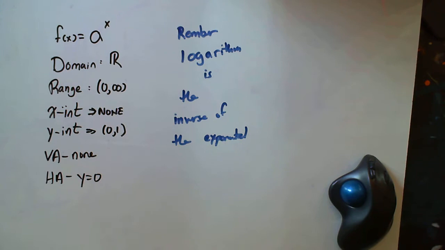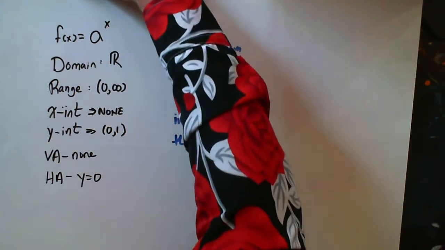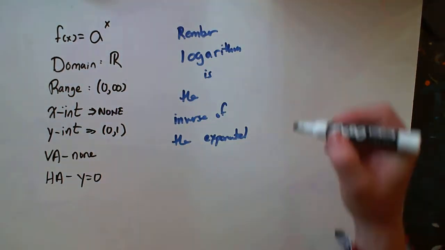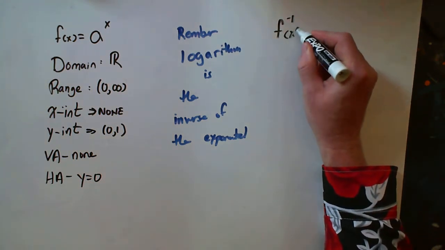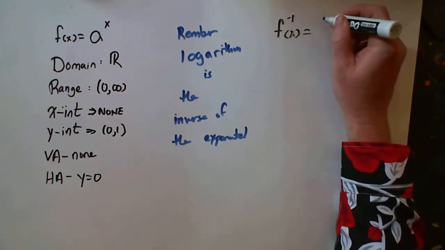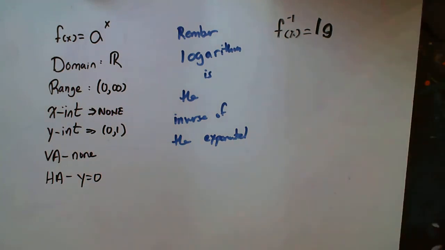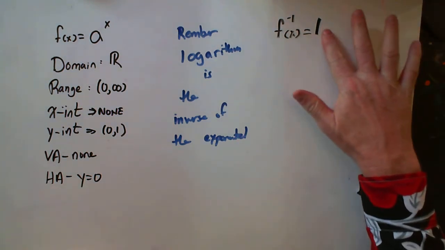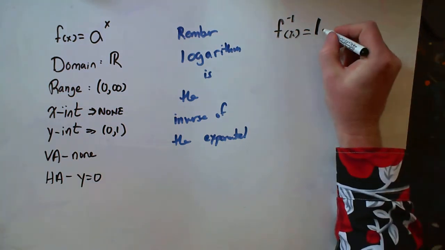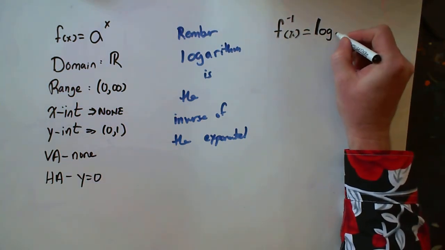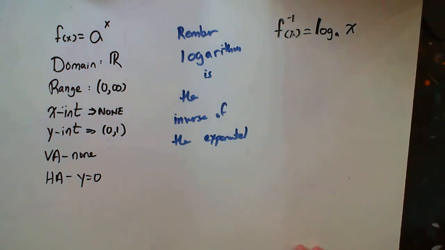Here we have the information from our last section about exponential functions. If the logarithm is the inverse of that, then f inverse of x equals log base a of x.